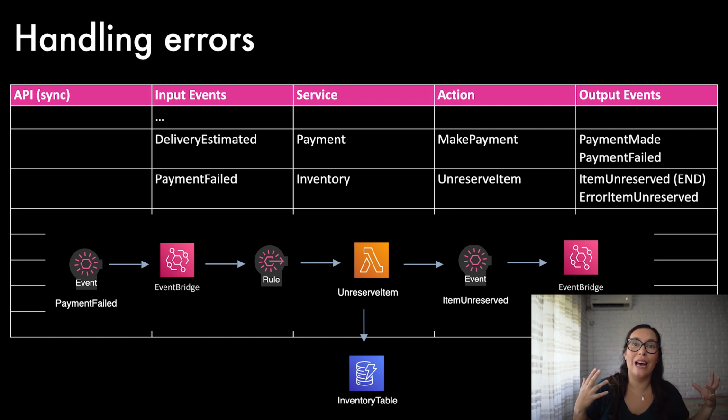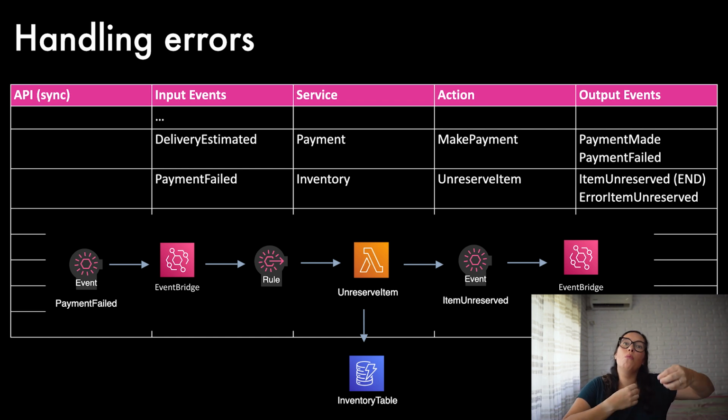We need to remove that item. We need to put it back in our inventory. And that's the only thing we need to do in this particular case because that's the only operation that has a side effect. The other operations are mostly reads and that's okay. We might also want to mark the order as undelivered or something like that. So we could add one more step afterwards and that's okay.